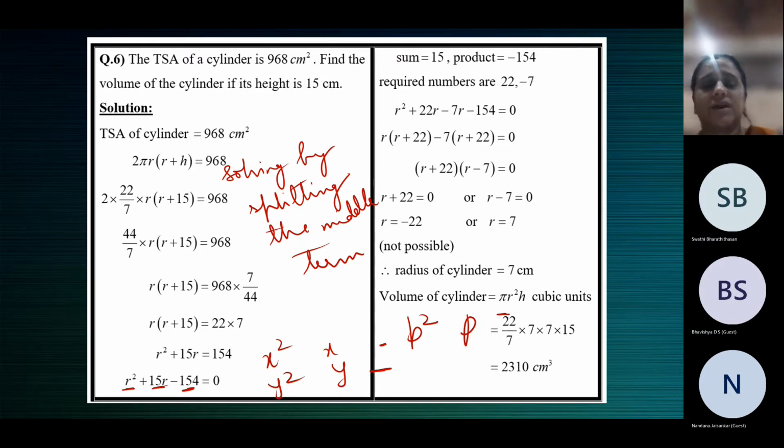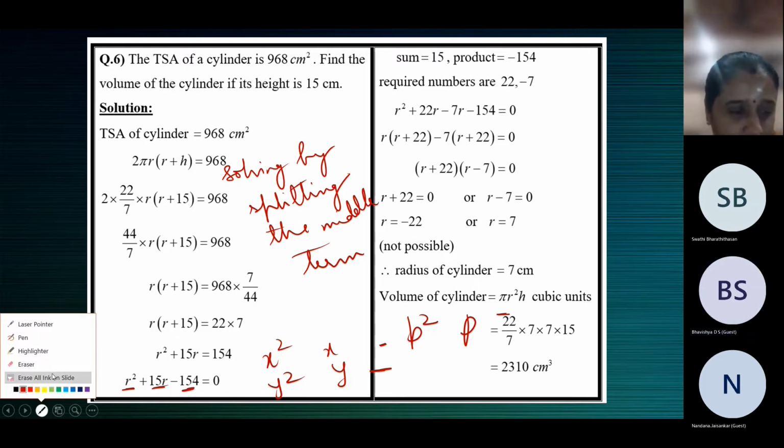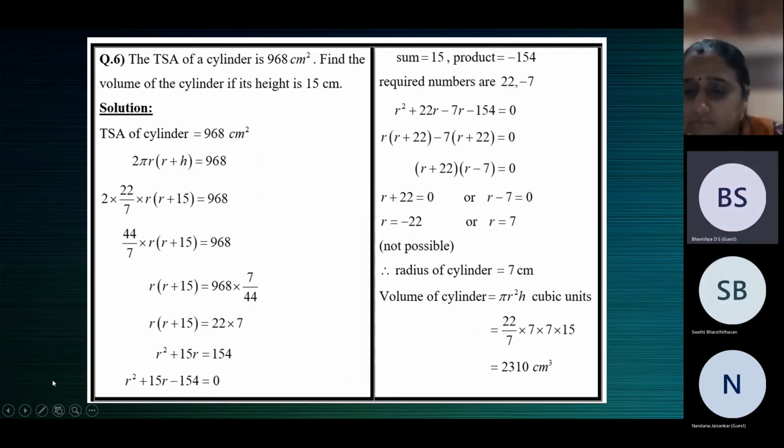Ma'am, in quadratic equation, what do we call more than 4? Like quadratic for 2, cubic for 3, and 4 is biquadratic, ma'am.